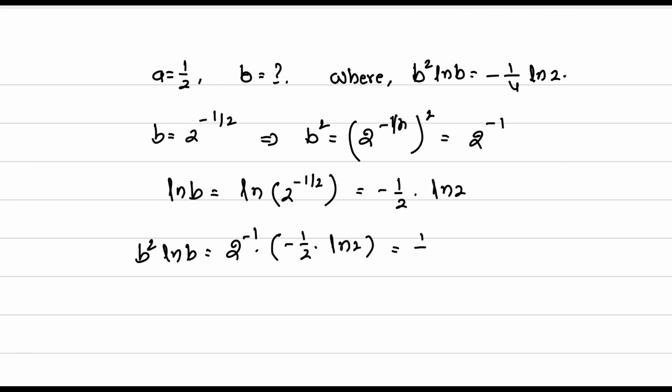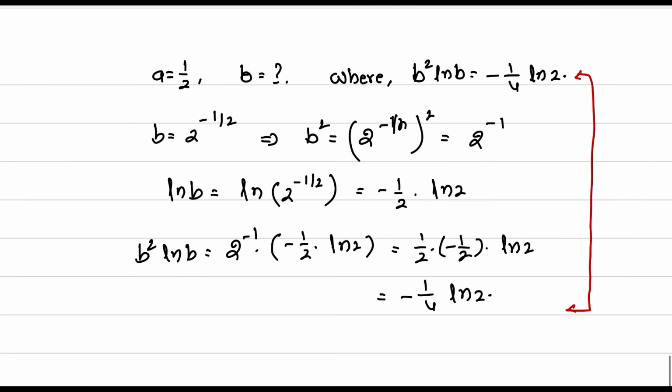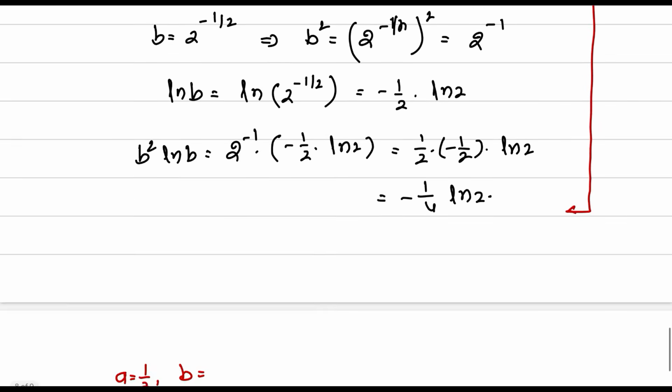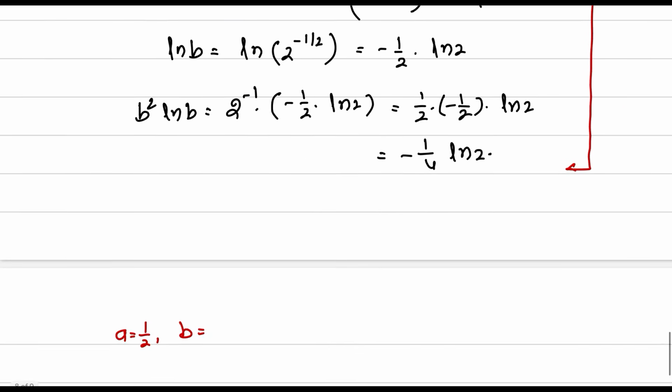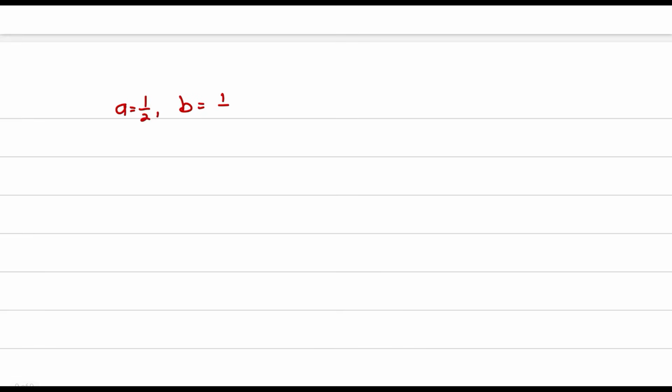That is equal to 1 by 2 into minus 1 by 2 into ln 2, that is equal to minus 1 by 4 ln 2, which is same as for a is equal to half. This is one pair I have got. A is equal to half, B is equal to 1 by square root of 2. This is the pair I have got as solution.